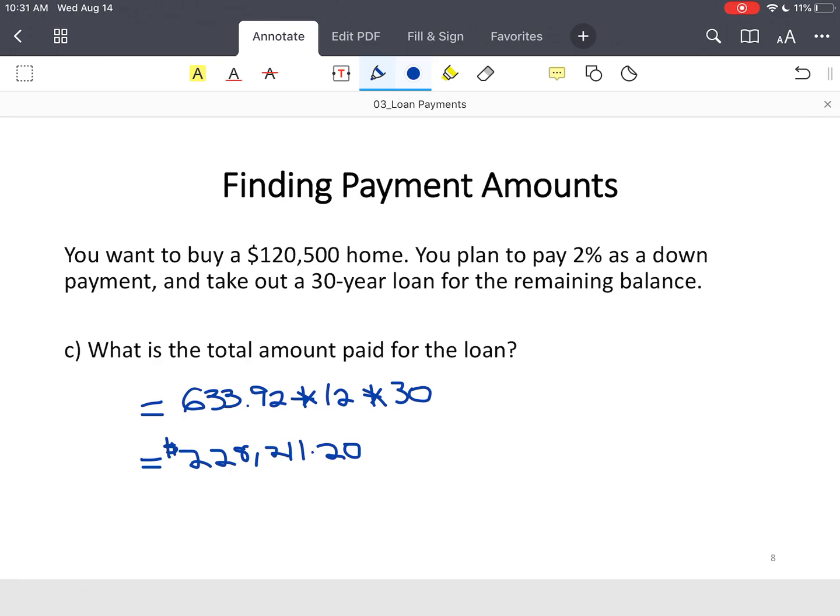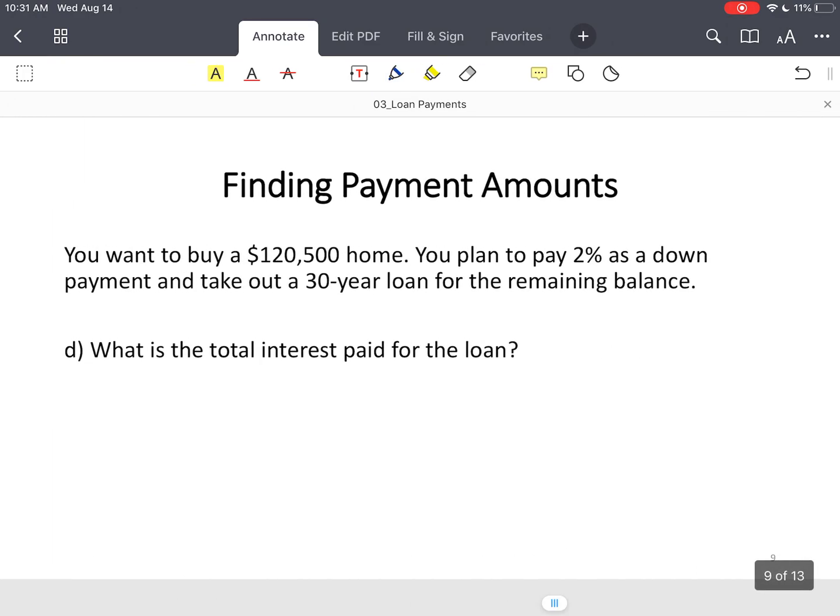$118,000. So question D is simple. It says, what is the total interest paid for the loan? Okay, now when you find the total amount of interest, you don't subtract the amount of the house because you made a down payment. So total interest paid for the loan.